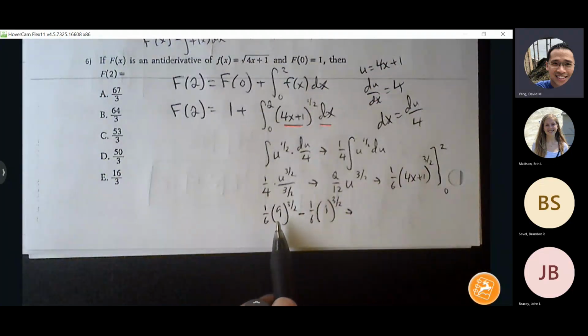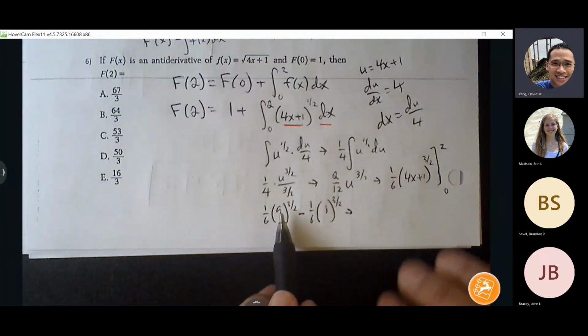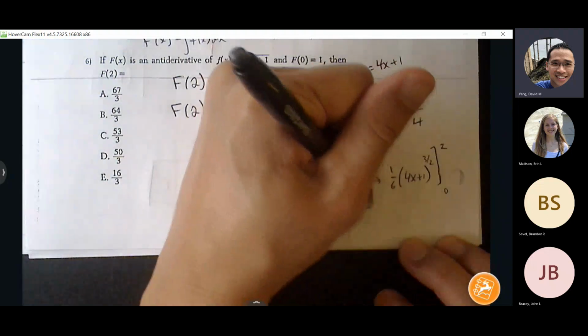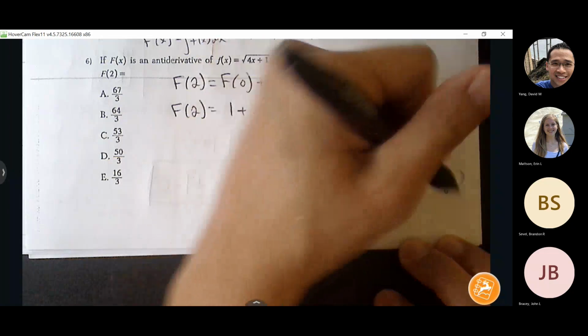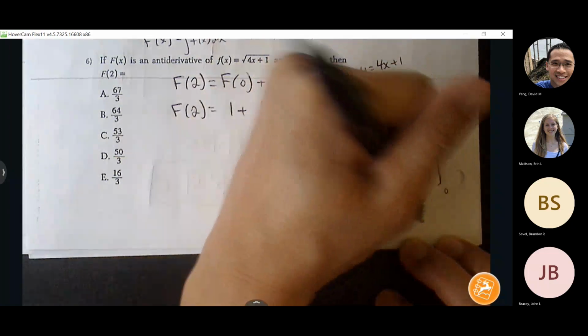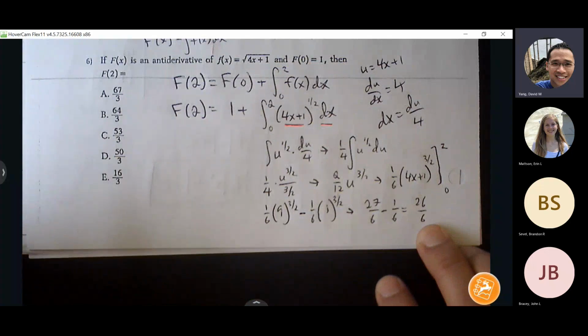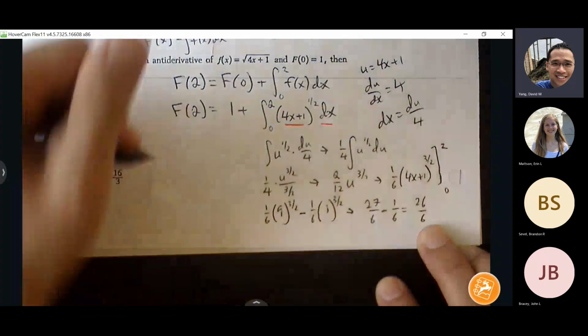Okay, so square root of 9 is 3. 3 times 3 cubed is 27. So 26 over 6 is the result of this whole mess.